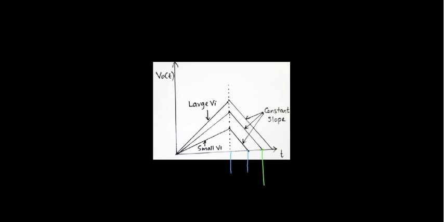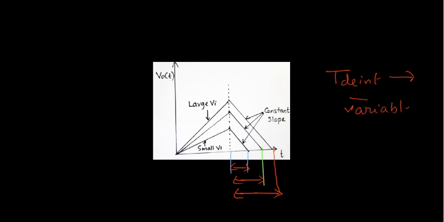This is one value, this is another value, and this is the third value. These are the three different TDEINT values. So these values are variable, as I've already spoken earlier. And as you can see here, for the largest value of the input, you have got the largest TDEINT.